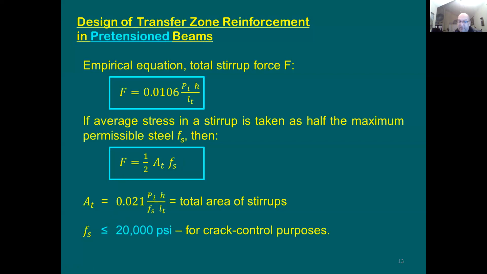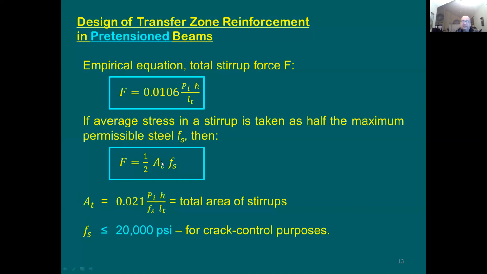Again, to make an average for the stresses, I'm going to be taking maybe 1/2 of this 20 KSI. Therefore, the A sub T is going to be equal to the following. It says it's going to be nearly 2% PI H over Fs divided by LT. How did we come up with this equation?